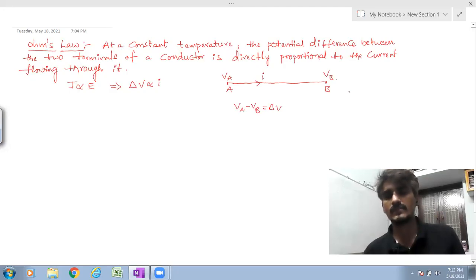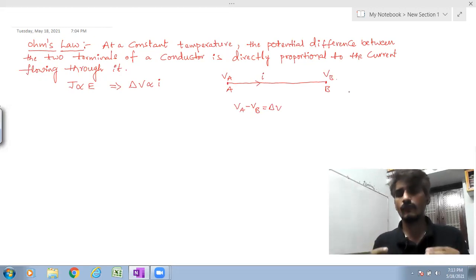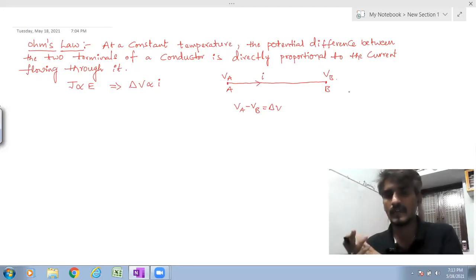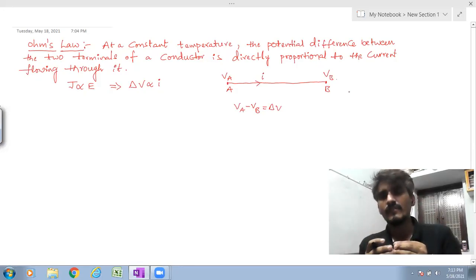That potential difference which is being provided to the wire, let us assume it has 3 volts. Generally a single battery produces 1.5 volts. If we connect 2 batteries, then we will get 3 volts.